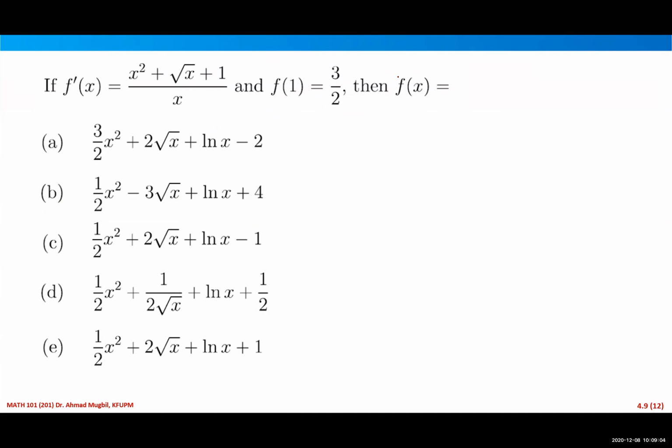Take a pen and paper, Shabab, please, and start practicing. And I will launch a poll for you to choose. Yalla, Shabab.